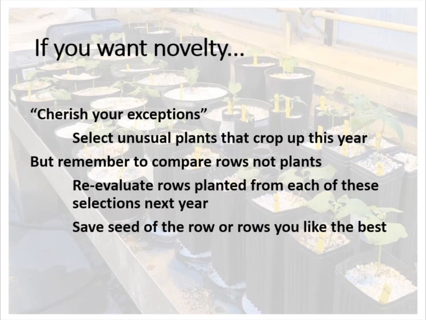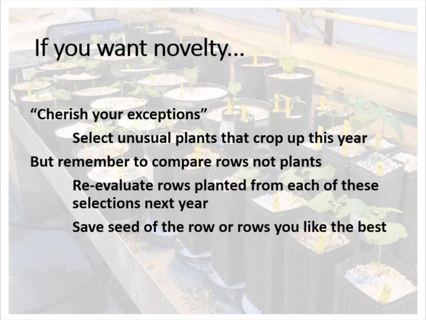But it could also be the result of a chance outcross, because there's outcrossing depending on where you are. You might have 5%, maybe upwards of 10% outcrossing if you have a lot of vectors and lots of pollinator plants around. So you can get what might be considered off types, but those are your exceptions. Those are the ones you can cherish.